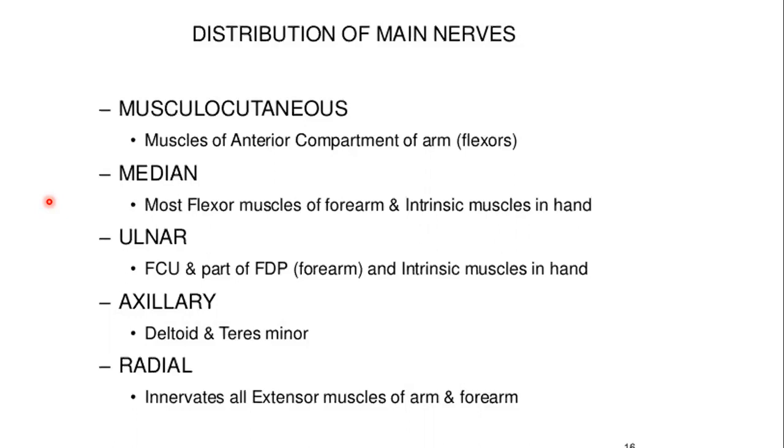Next we have got the axillary nerve, and it terminates soon at the shoulder and the deltoid region, and it supplies two major muscles. One is the deltoid muscle and the other one is the teres minor muscle. The last nerve, the radial nerve, is also a long nerve and is distributed up to the hand, and it innervates all the extrinsic muscles of the arm and the forearm.